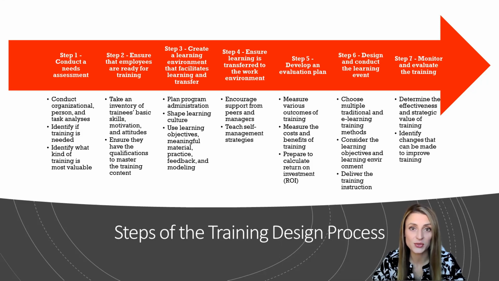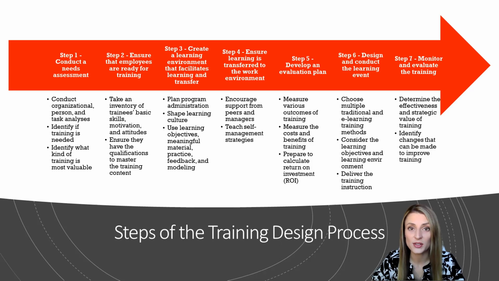Step 1 is to conduct a needs assessment. Step 2 is to ensure that trainees are ready for training. Step 3 is to create a supportive learning environment. Step 4 is to implement different features to ensure that transfer of training actually occurs.